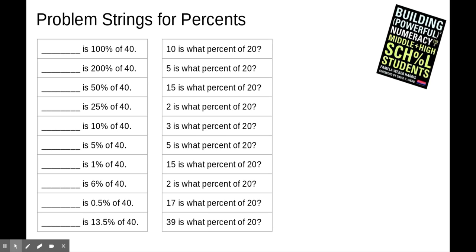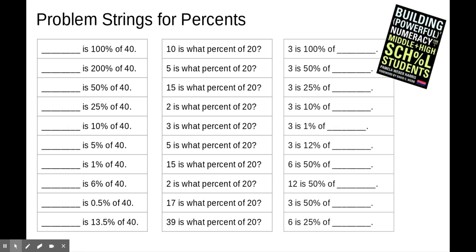This is also percentage. 10 is what percent of 20, and 3 is 100% of what. So the different ways of thinking about percentage. And again, you can make lots of these problem strings just by changing the numbers and following this same format. It'll work.